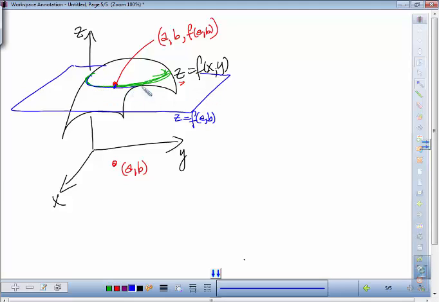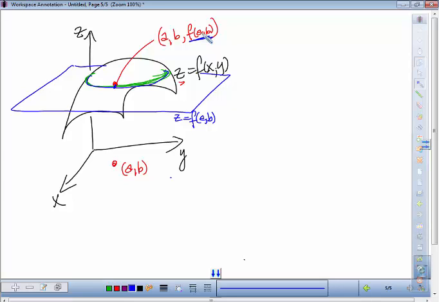So this plane is parallel to the xy plane, and that happens to be the height of the point. The height of the point, I think Mimi wanted to call it c at some point, but it's at this point called f of (a, b). And that's just a number.